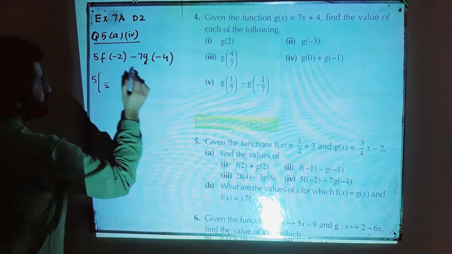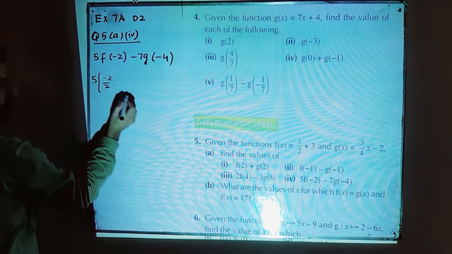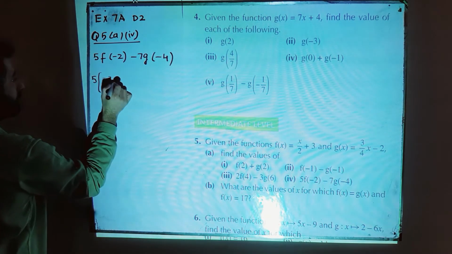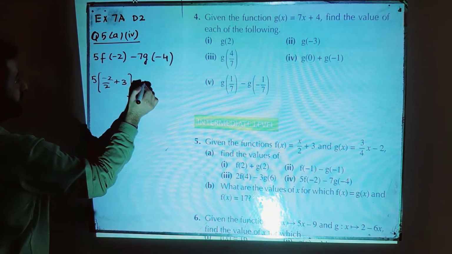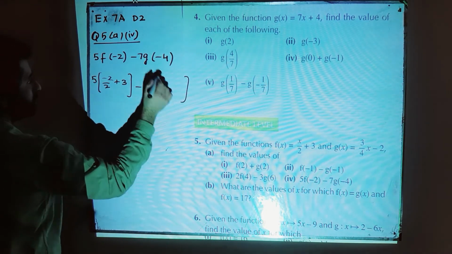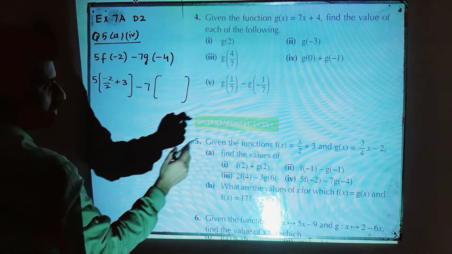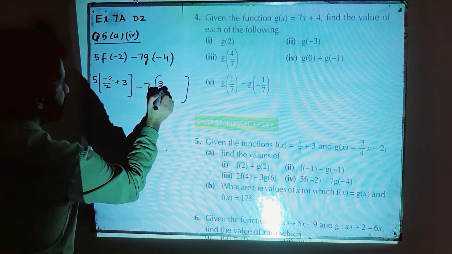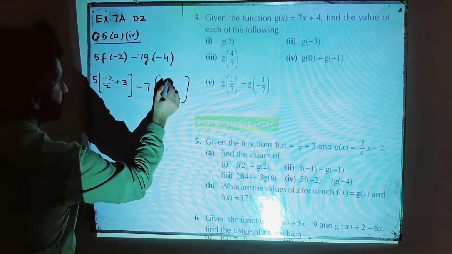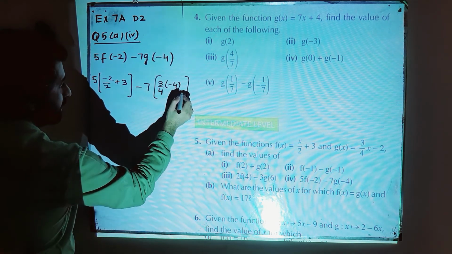In place of x use minus 2 plus 3 minus 7 g of minus 4. So here g is 3 by 4 x, x is minus 4, minus 2.